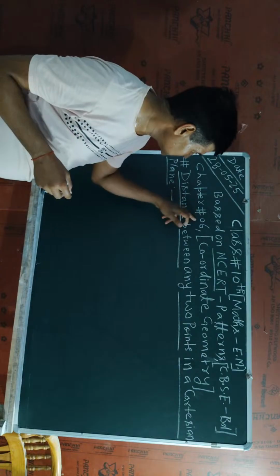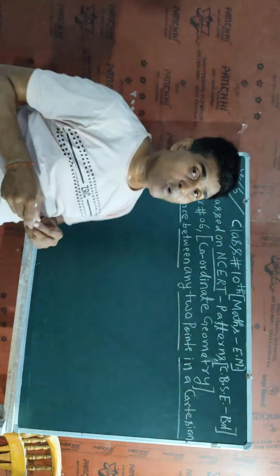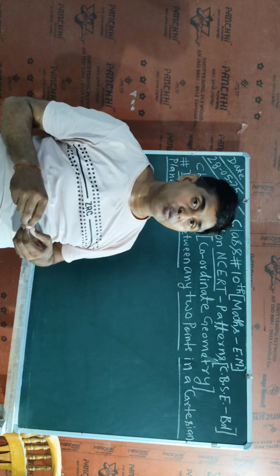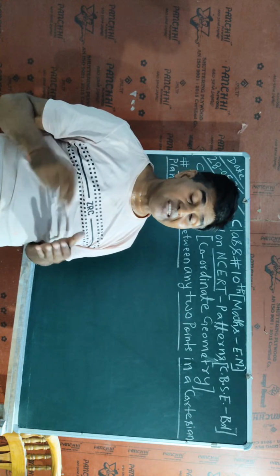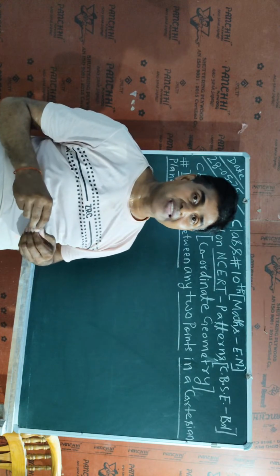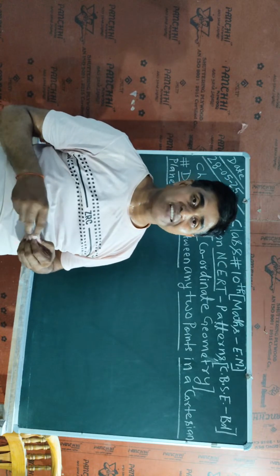Now chapter 6 is coordinate geometry, which is very important, because it is also used in calculus, algebra, and in separate mathematics books that I read in class 11th and 12th. I did coordinate geometry there, so that is also important.